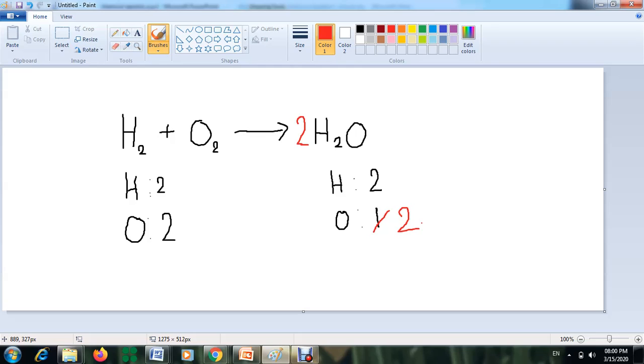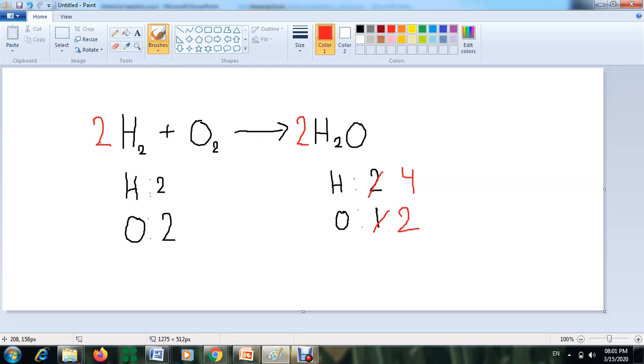But still we have a problem here. If you look at the number of hydrogen now, there are 4, not 2. So this one is wrong. How do we make the number of hydrogen atoms before and after the reaction the same? All you have to do is add a coefficient here.